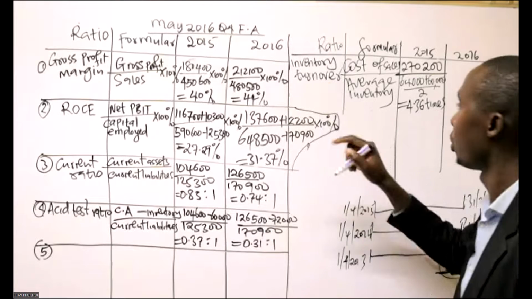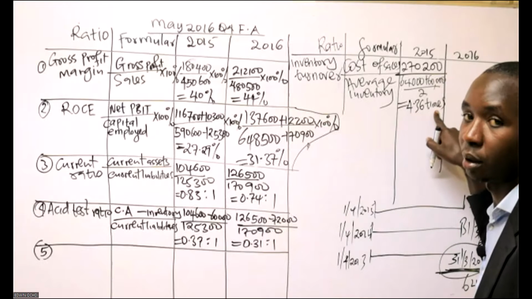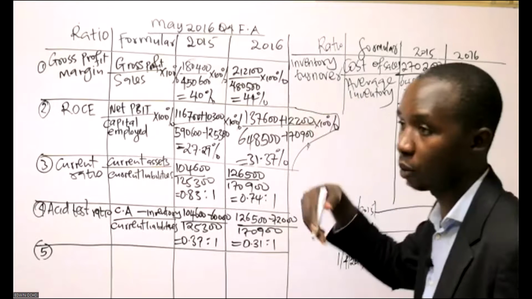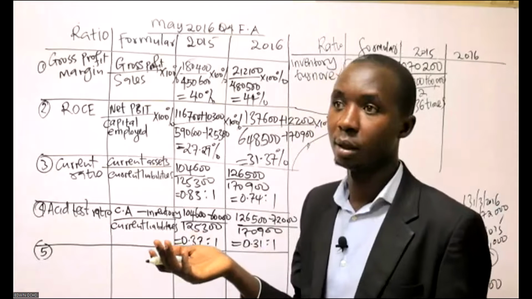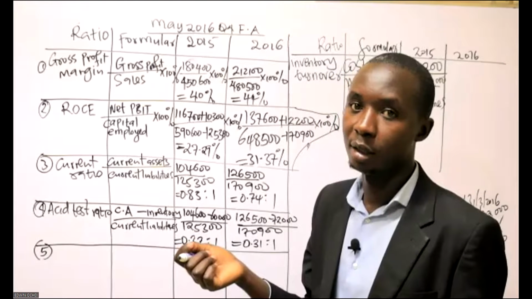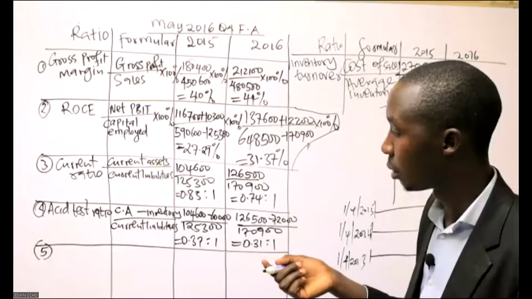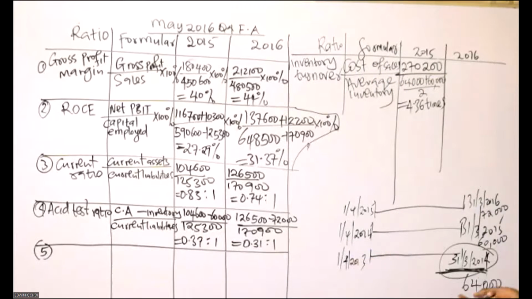So how can you explain about this? What does it mean when we say times? The inventory turnover, why do we say times? Someone? It's basically the number of times the company will be replacing inventory relative to the cost of sales. That is correct.